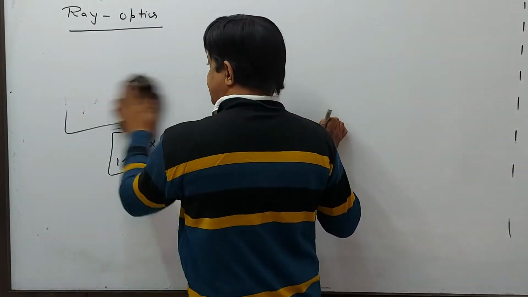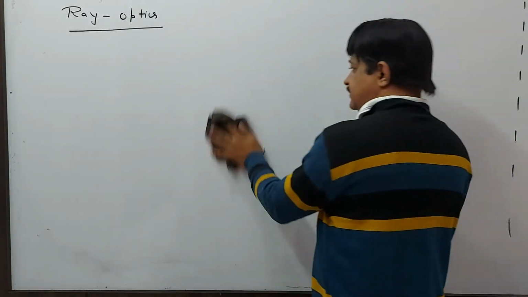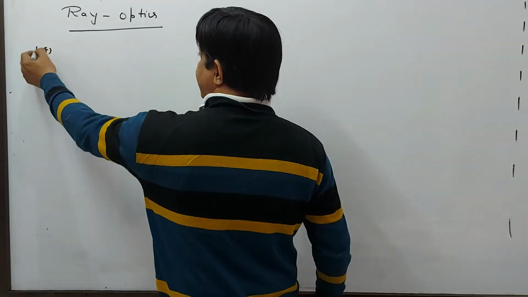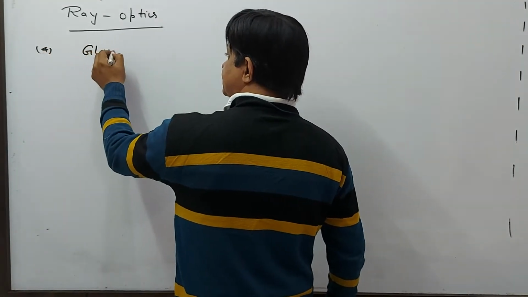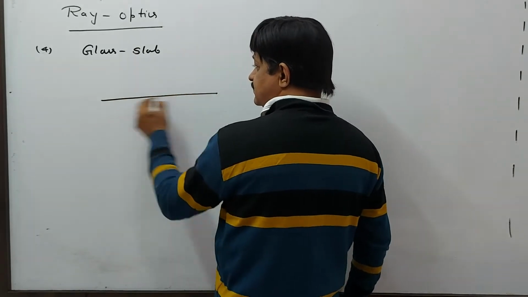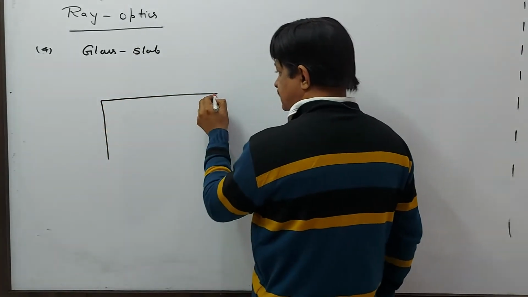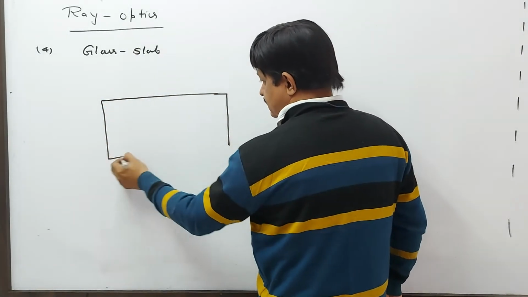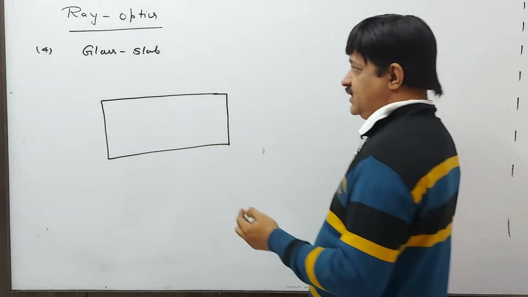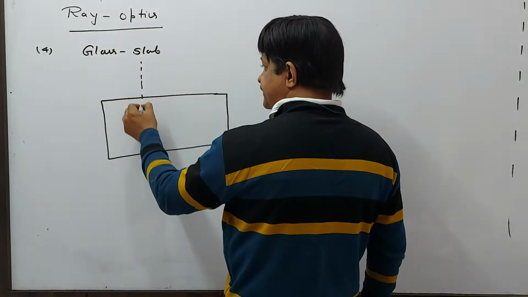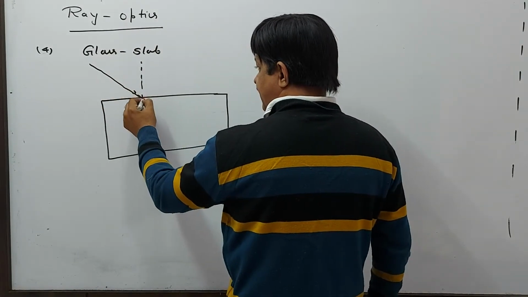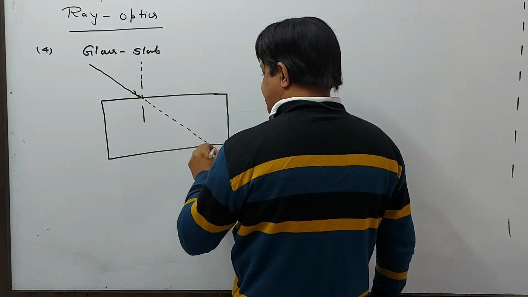Number 4 concept is, when you take a glass slab and a ray of light passes through it, it passes like this.